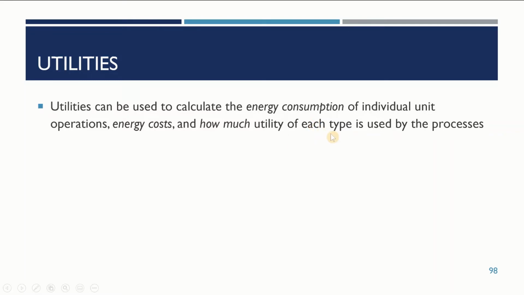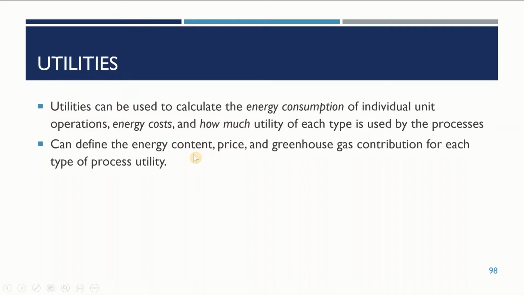After the raw materials are consumed in the process, the utilities make up the most significant variable cost in the process. In ASPEN Plus, you can use a utility block to calculate the energy consumption of individual unit operations, energy costs, and how much utility of each type is used by the processes.